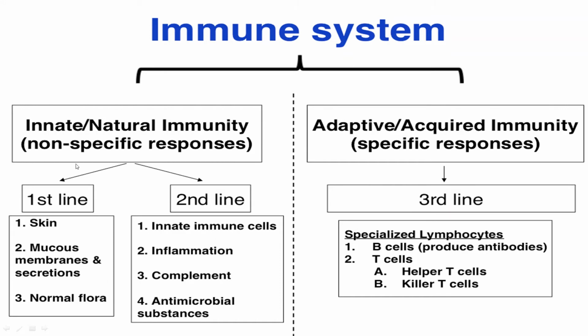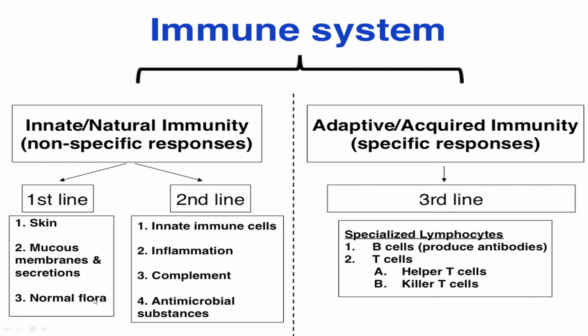Now the first line of innate immunity is skin, which acts as a line of defense, then mucous membranes and secretions. The secretions or the secretory hormones from the mucus can also act as our body's immune response. Normal flora. What is normal flora?